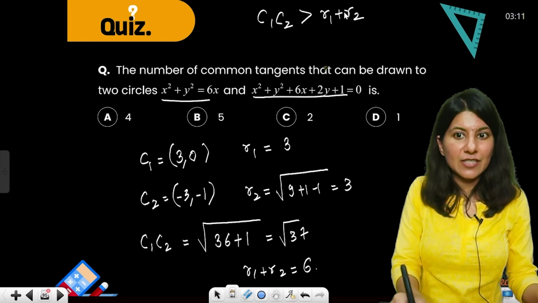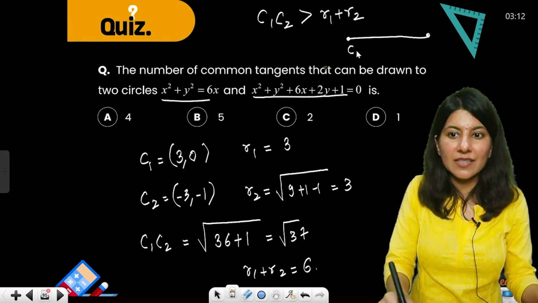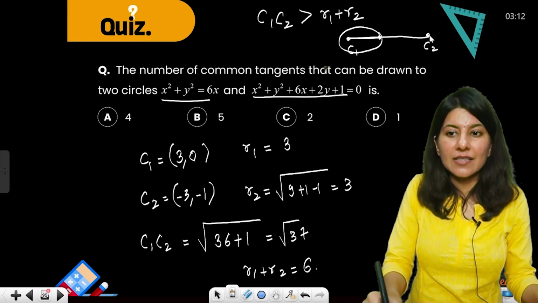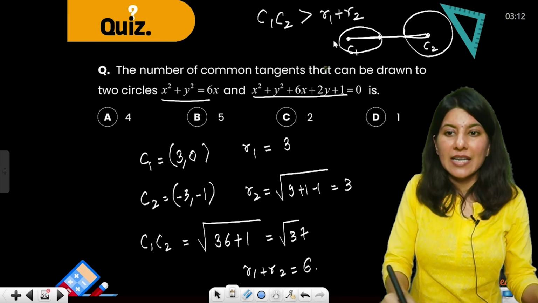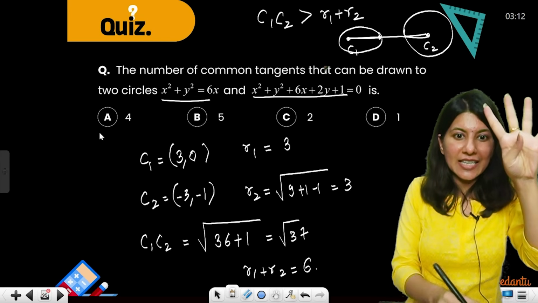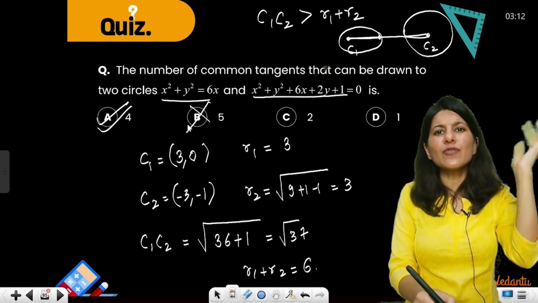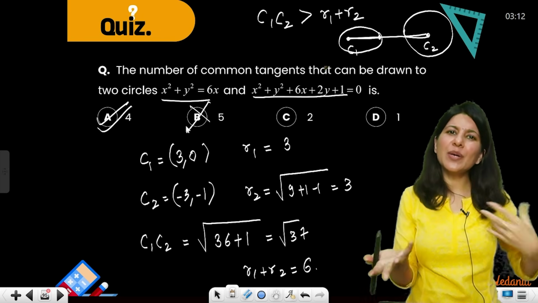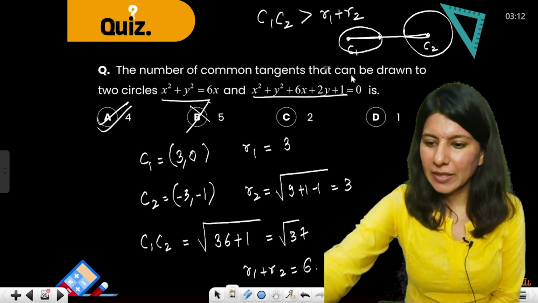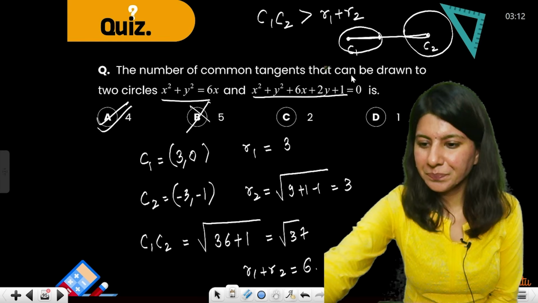The distance between centers is greater, so the circles are separate. How many tangents in this case? 4 tangents. 5 is never possible; we have not seen 5 tangents. So 4 tangents in this case. Okay, clear?